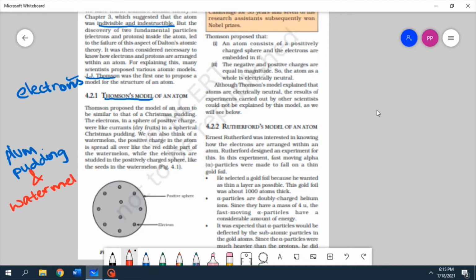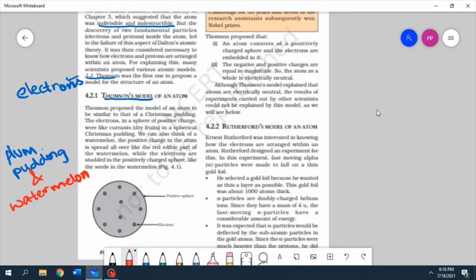I will explain why. The electrons in a sphere of positive charge were like the dry fruits in a spherical Christmas pudding. So the electrons were embedded all throughout this positive sphere.